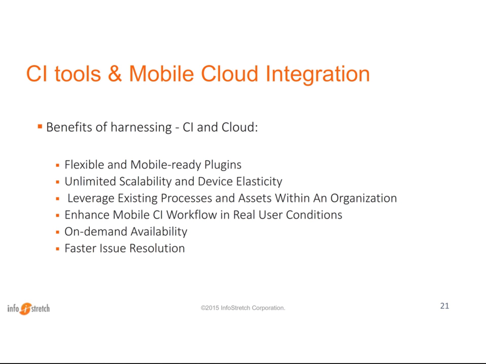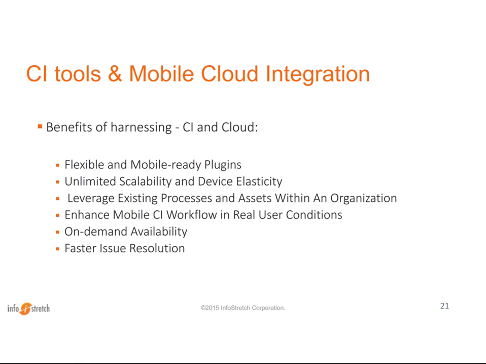It helps us to leverage the existing infrastructure and assets within organizations. Say I already have an established Atlassian suite where I'm using Jira for defect management as well as sprint planning. Then there are tools like Bamboo and Stash which help me integrate the whole CI with the mobile cloud like Perfecto, and they have a strong integration with these existing tools.